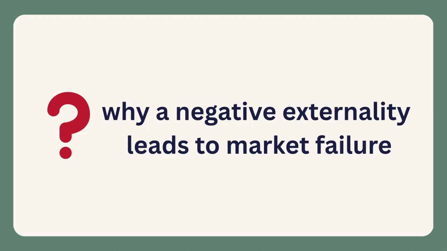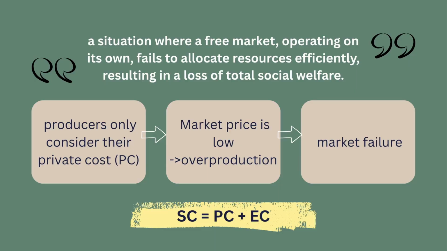Why does a negative externality lead to market failure? Market failure is a situation where a free market, operating on its own, fails to allocate resources efficiently, resulting in a loss of total social welfare. A negative externality leads to market failure because producers consider only their private cost, PC.